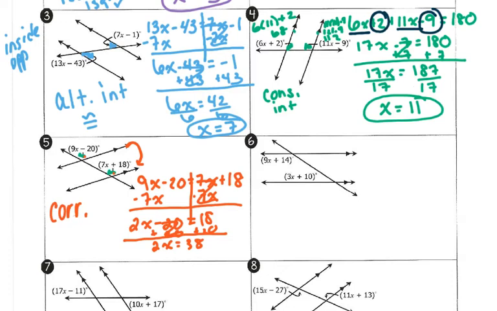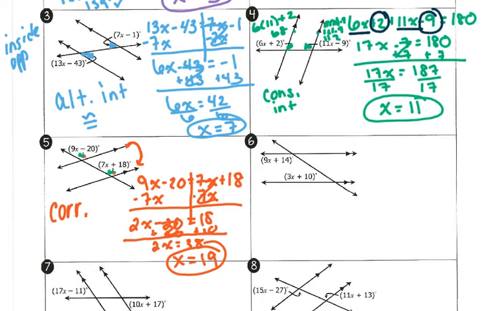And then you got to divide by 2, and you get x to equal 19. And there you have it. So corresponding angles are equal to one another. And again, you can always plug it in to double check your work.